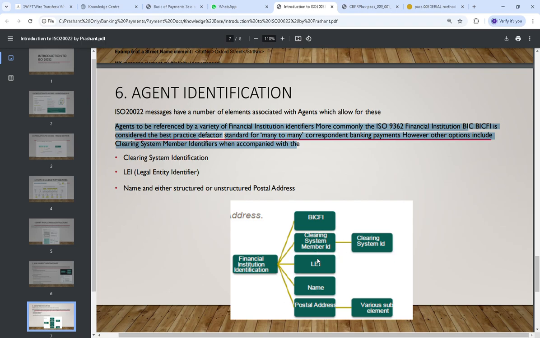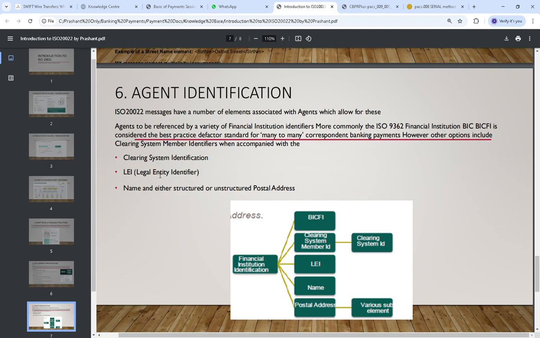The second is by LEI, legal entity identifier, then name, postal address, and various sub-elements of postal address and of the clearing system ID. Out of these, the first and second you are familiar with, meaning the clearing system member ID, which is by the clearing system of your bank. Name and address, also postal address, is simple.